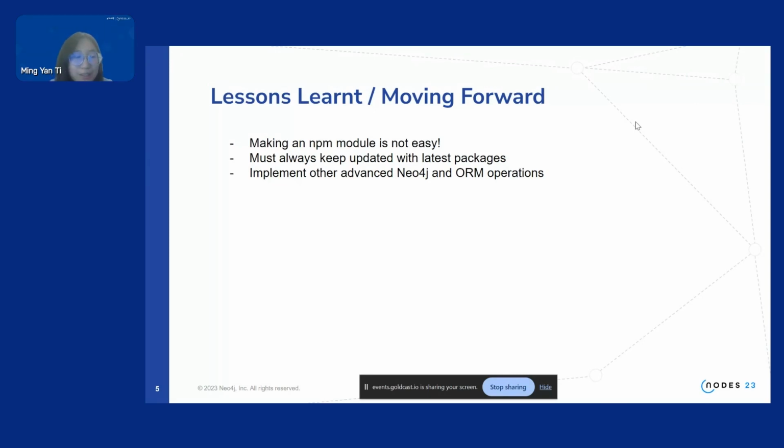So I want to figure out how to do that, and also try to maintain the npm package, because there are some bugs here and there that I have to fix, and I want to make sure that the package is working fine and ready for other developers to use. And that's basically it from me.